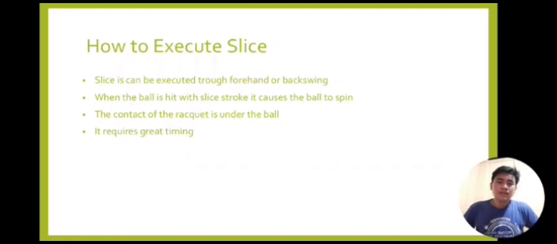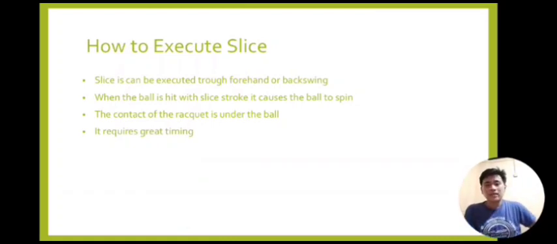Since it's similar to the forehand, what makes it different is that the forehand is used flat like this, and the backswing as well, but the slice is a technique where your racket is placed like this.